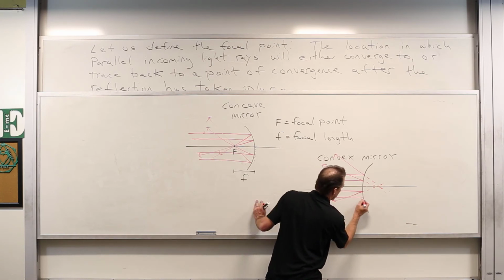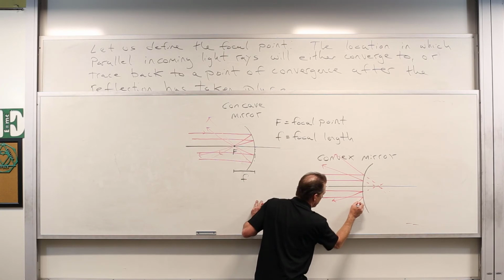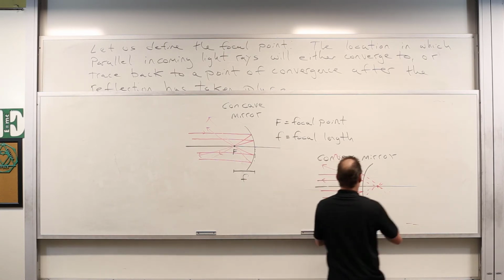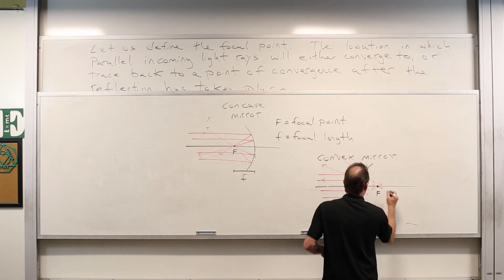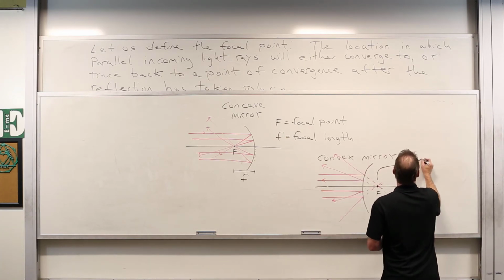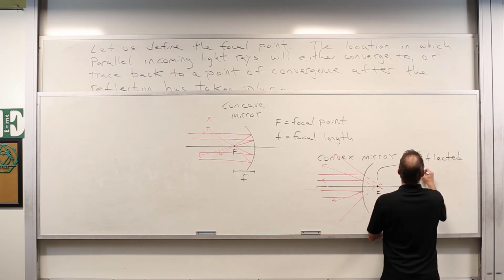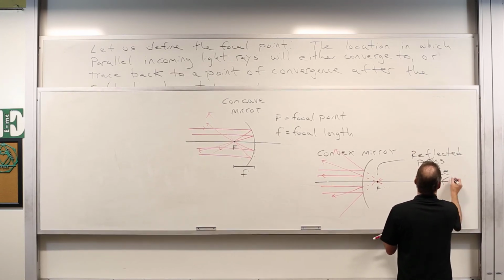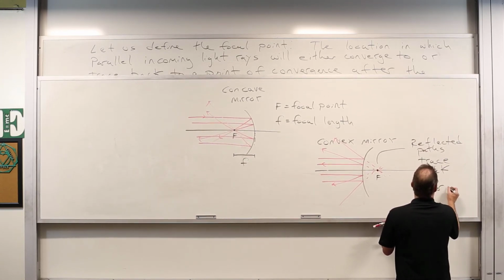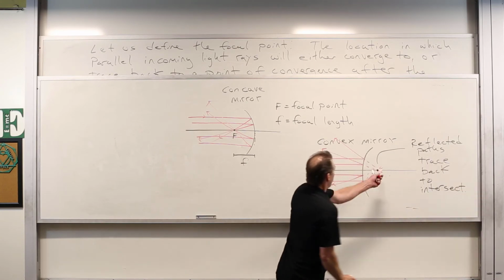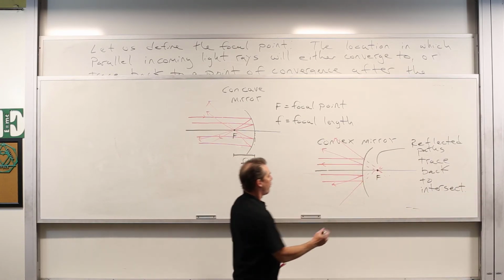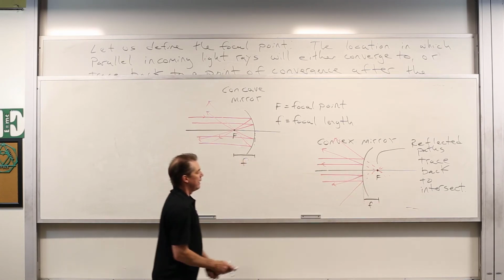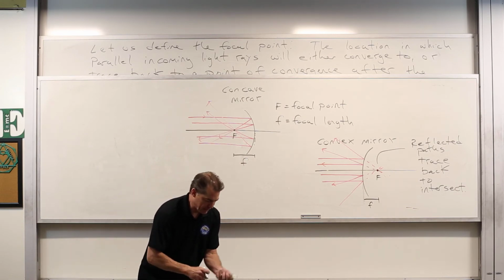Take one more. This one goes off like this. I'll trace back to this point. If I trace back to intersect at the focal point, it too has this focal length, which we define the same way, and that's pretty much that.